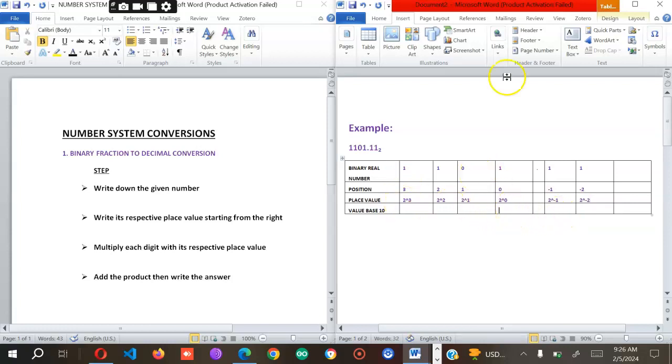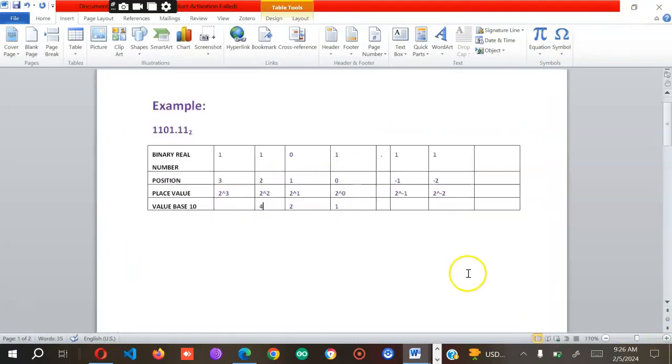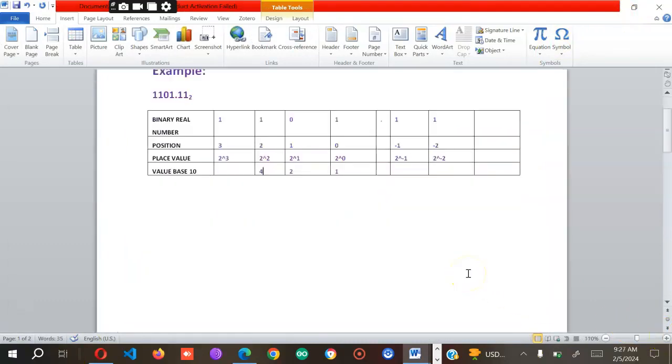This one, 2 raised to power 0, is always 1. 2 raised to power 1 is 2. 2 raised to power 2 is 4. Then 2 raised to power 3 is supposed to give us 8.